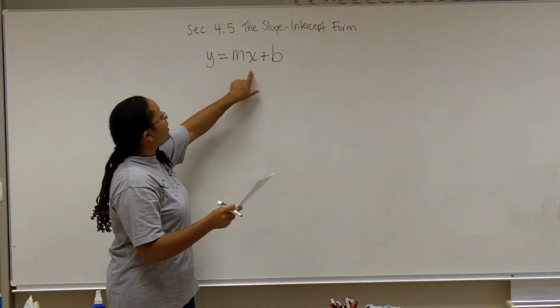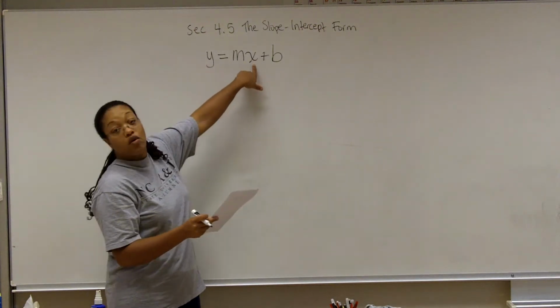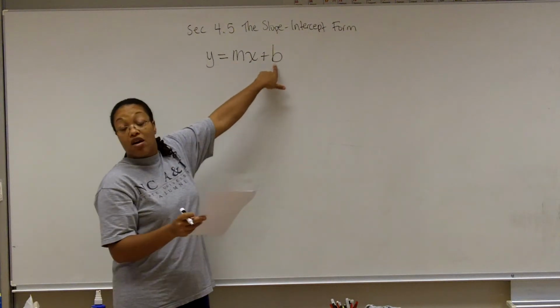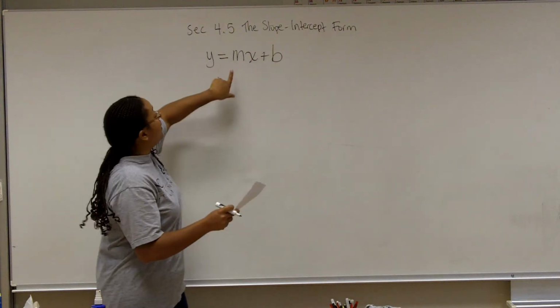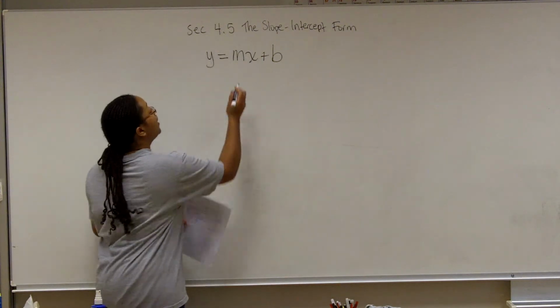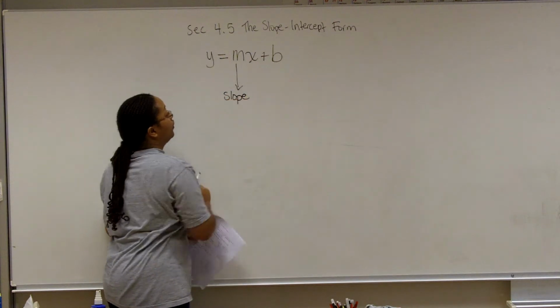Now, the y and the x are your normal variables, a coordinate of x or a variable value of x. But this m and this b are maybe kind of new to you. The variable m, we know from the last section, is always going to represent your slope.